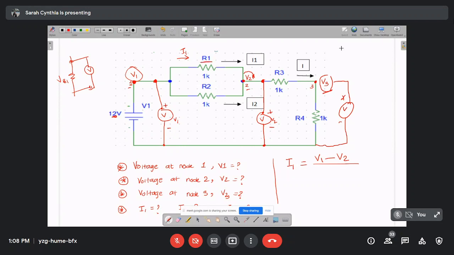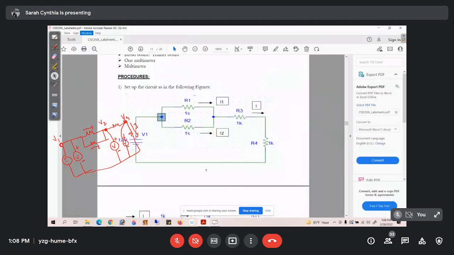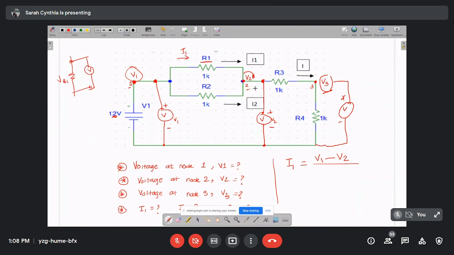For my case, the value of this resistance was 1.5 kilo ohm. I forgot what I had found out, but it was something like 10 volt and around 8.06, divided by 1.5 kilo ohm.